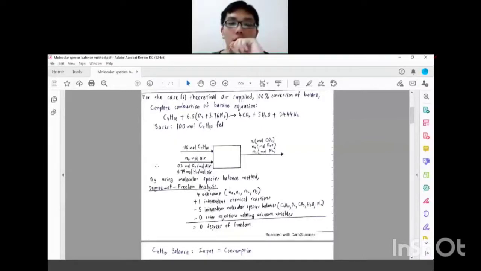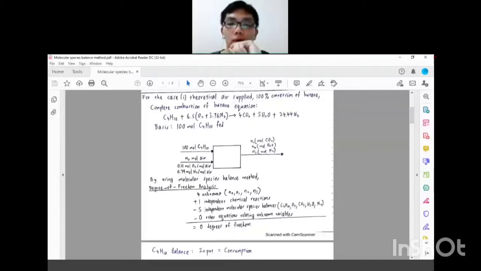According to the flow chart, there are 4 unknowns, which are n0 moles air, n1 moles CO2, n2 moles H2O, and n3 moles of nitrogen. We have 5 independent molecular species balances, which involve butane, oxygen, carbon dioxide, water, and nitrogen.